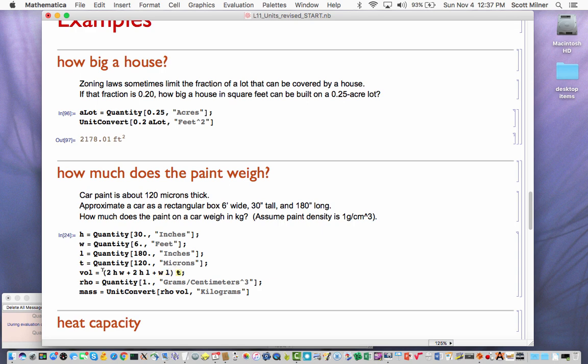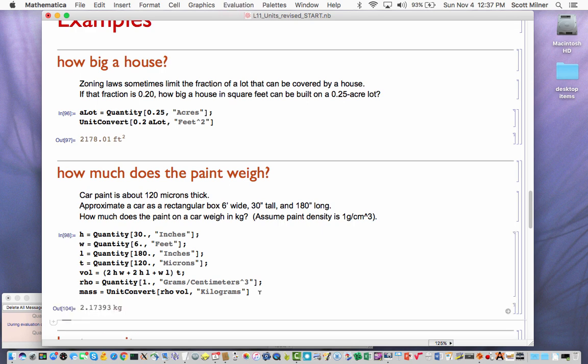So this is the total area of the paint, and that's the thickness of the paint. And then the density of the paint is 1 gram per centimeter cubed, and then the mass is this volume times the density converted to kilograms. So about 2 kilograms of paint on a typical car.